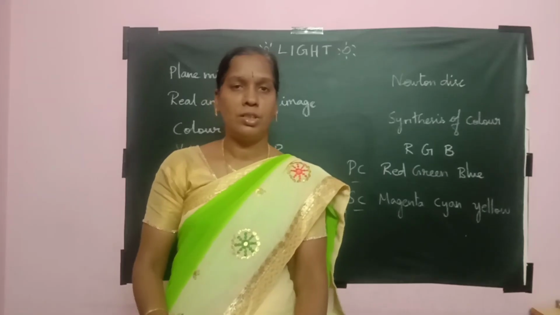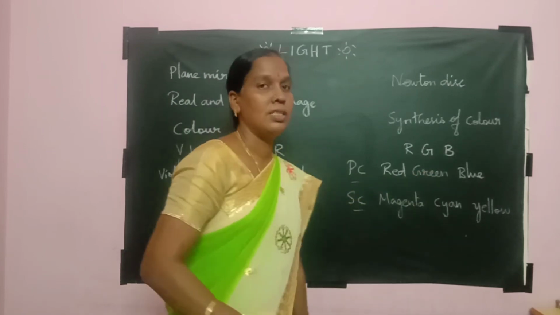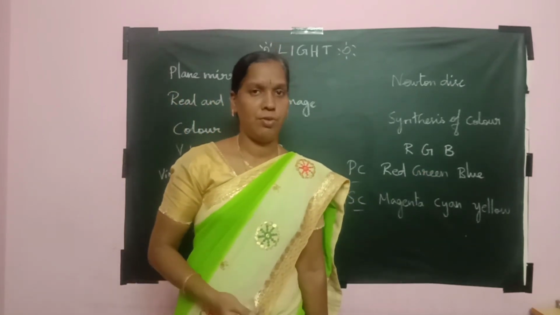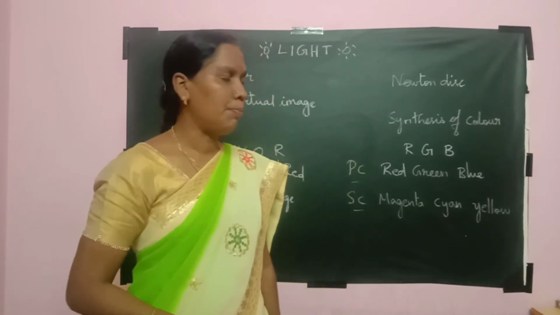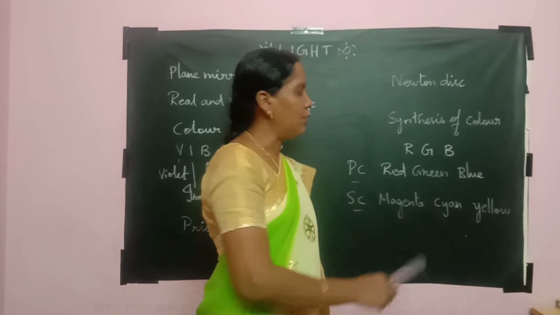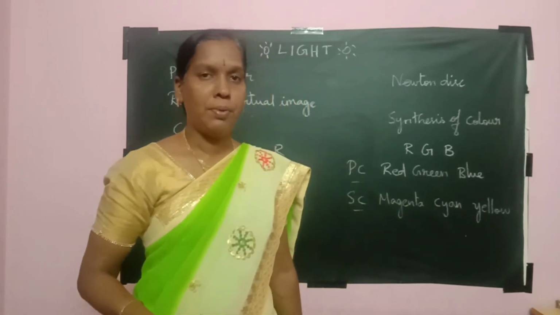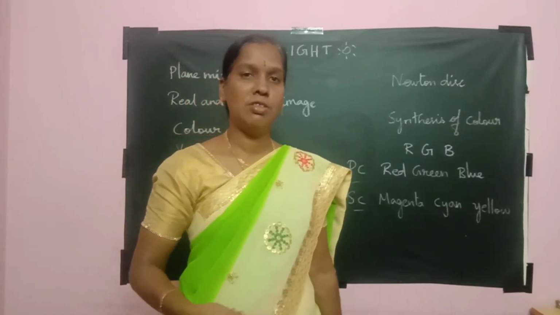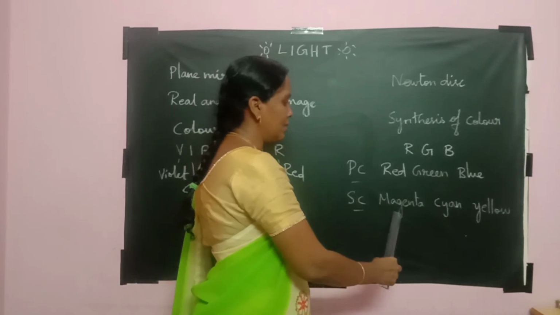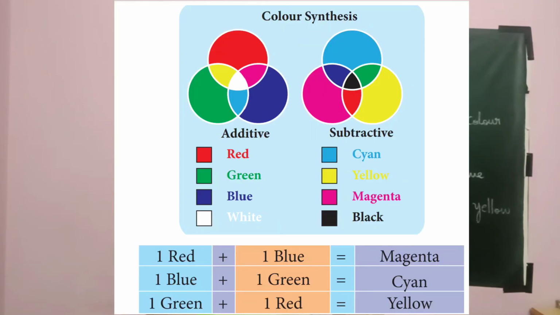And then next we move on to synthesis of colors. Synthesis of colors means mixing 2 colors and getting a new color from it. We already know the primary colors, that is red, green and blue. If any 2 or 3 of these are mixed in definite proportion, they give different colors. For example, we get secondary colors as magenta, cyan and yellow.